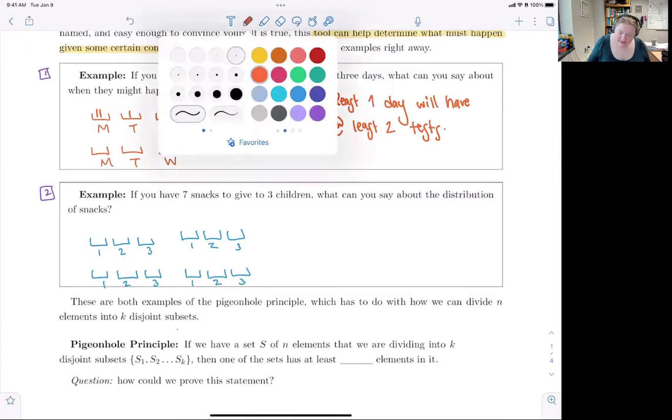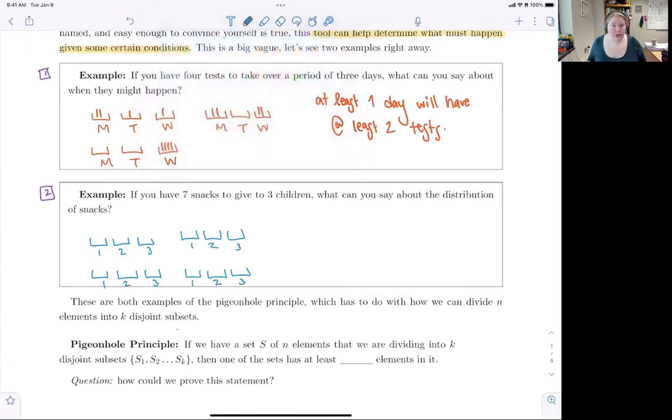So let's try it where it's not just one more, but maybe a few more. If I have 7 snacks that I'm going to distribute among 3 children, what can I guarantee happens when I distribute those snacks? Well, I would recommend that you draw out these little trays and try it out yourself. But here, maybe I give 2 to child 1, 2 to child 2, and 3 to child 3.